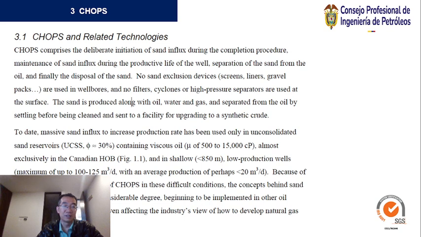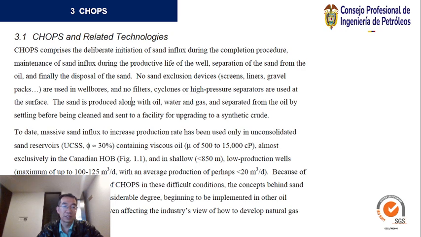To date, massive sand influx to increase production rate has been used only in unconsolidated sand reservoirs containing viscous oil, almost exclusively in the Canadian HOB, and in shallow, low production wells.